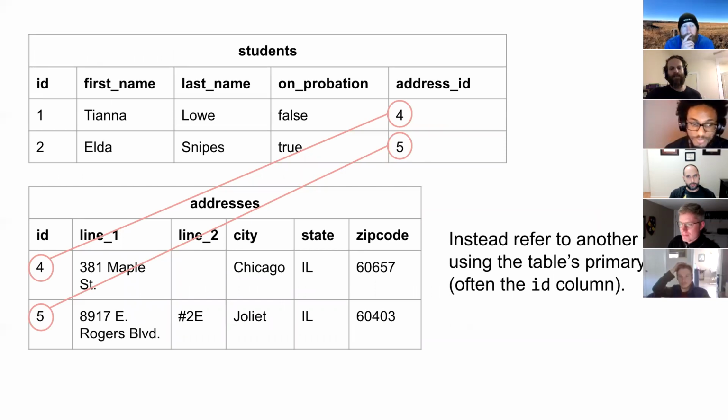That's a good question. I don't think it makes any difference in terms of performance. I think it's just how you understand it from a human perspective. If the primary thing we care about is students rather than addresses, then students will own the address.